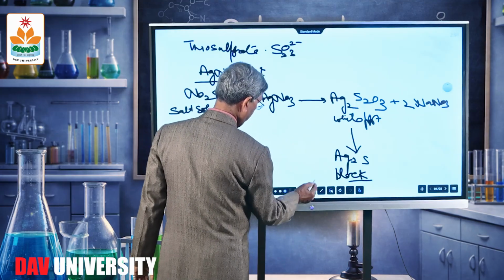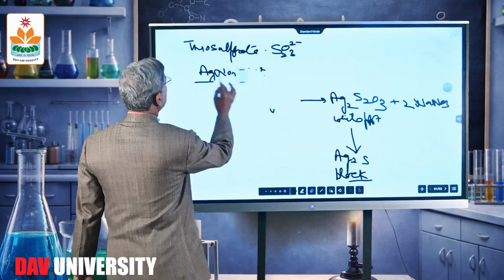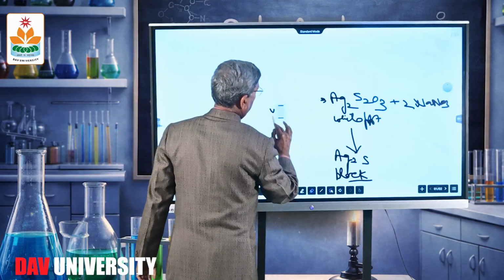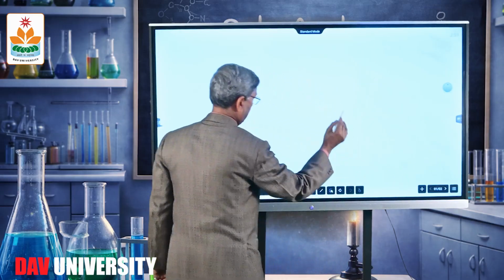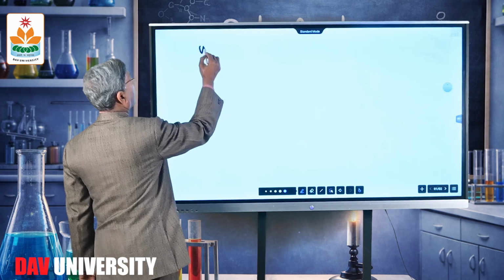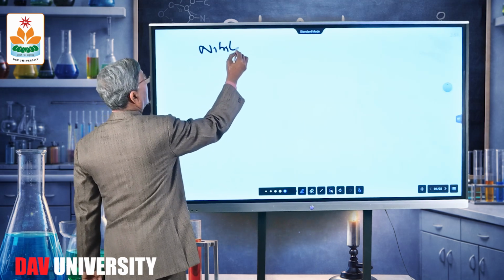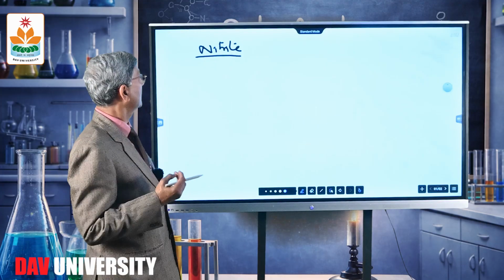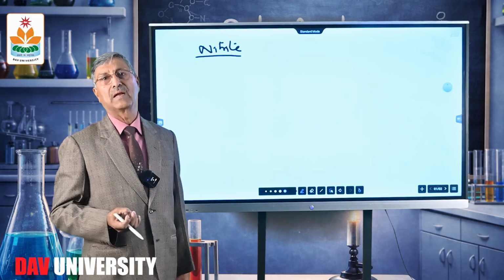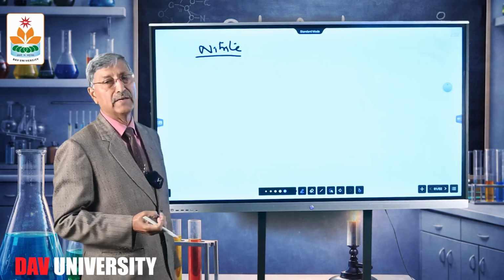And last of all, in this category, we come across a radical which is nitrite. One test for nitrite again is nitrosoferrous sulfate. We have already done it.